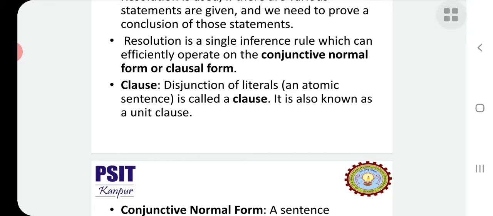Now, what is a clause? A clause is a disjunction of literals. Literals are atomic statements. I have already explained types of statements, atomic and compound. So, a disjunction of atomic sentences is called a clause, and it is also known as a unit clause.